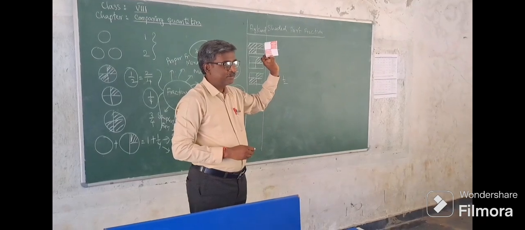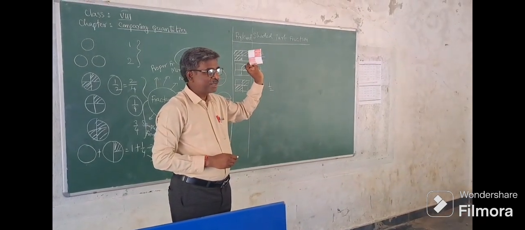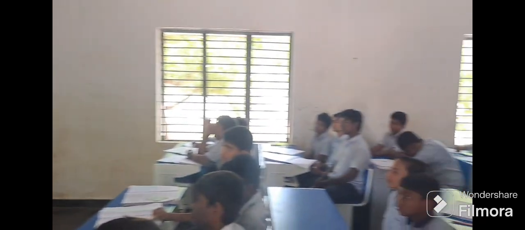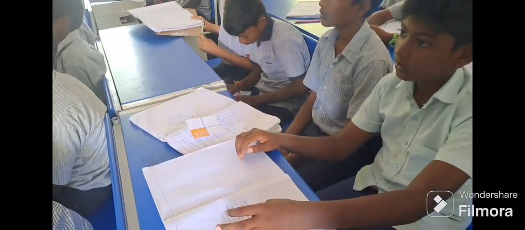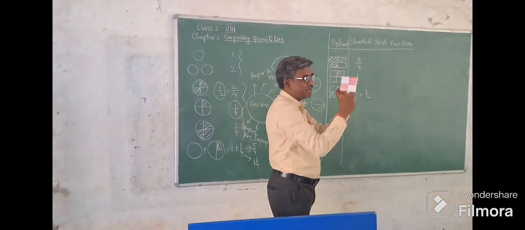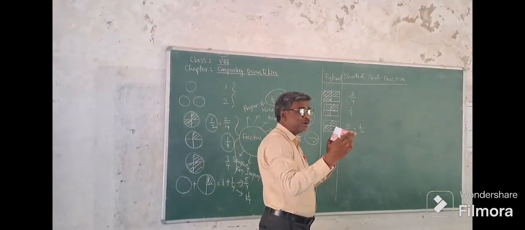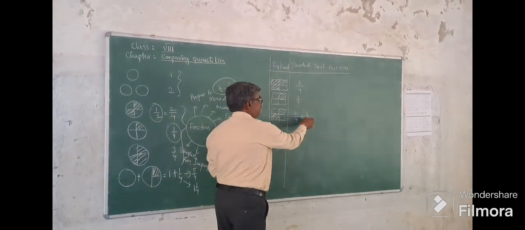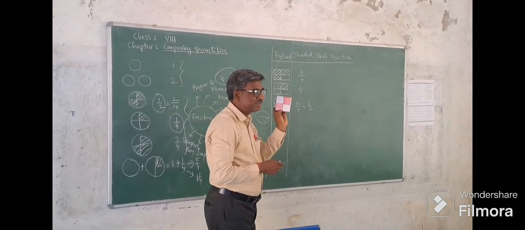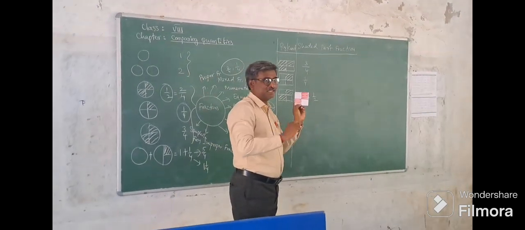Can you give another? 2 by 4. Because out of 4 equal parts, how many parts have we shaded? 2 parts. Then how did they say that is equal to 1 by 2? Because of cancellation.